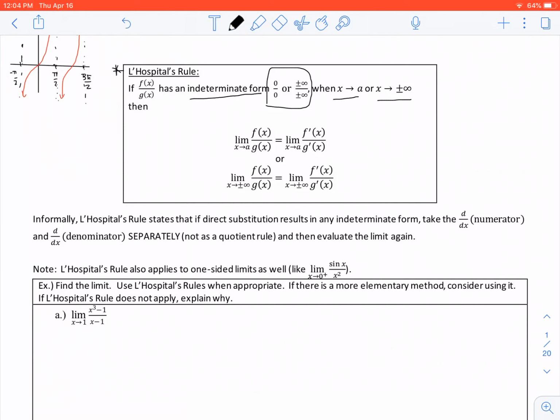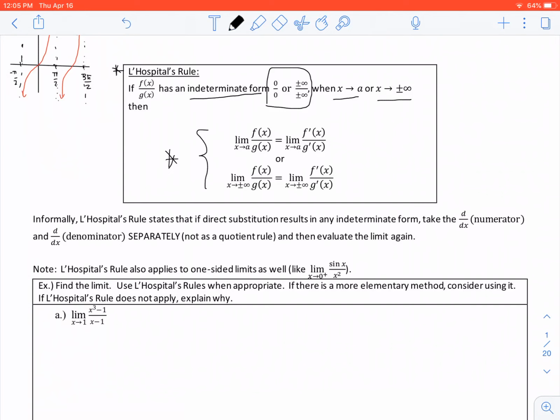Then, this works again for both, the limit as x approaches either a or plus or minus infinity of f of x over g of x, if we get indeterminate form, we're able to take the derivative of the numerator and the derivative of the denominator, and the limit of that is going to be the same thing as the limit of the original functions.